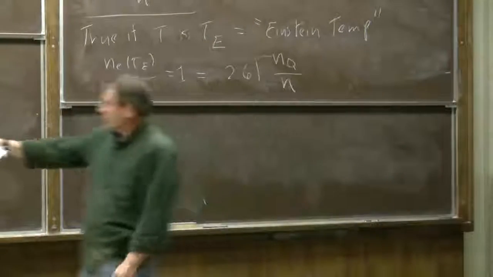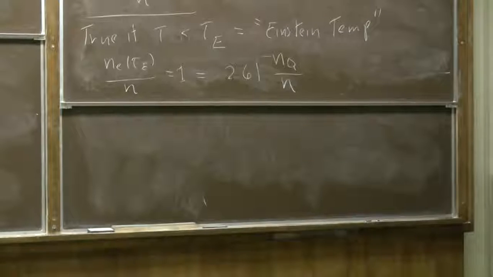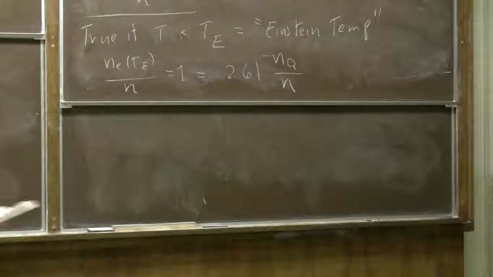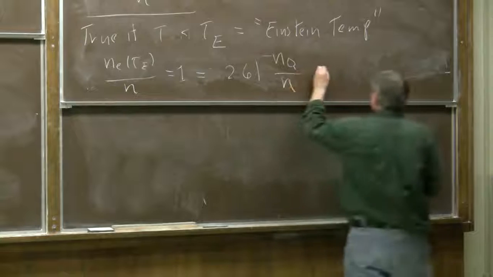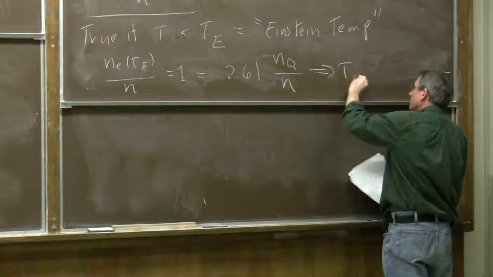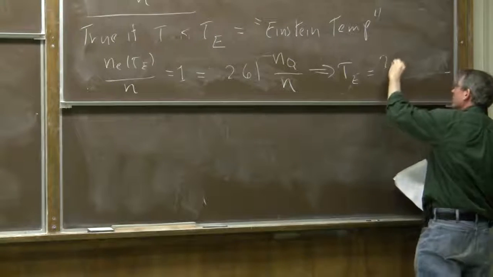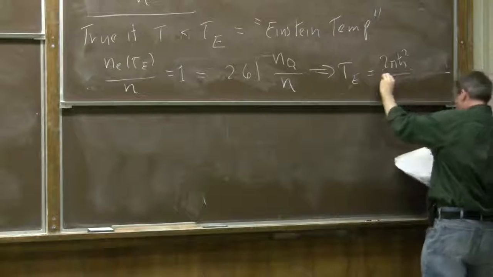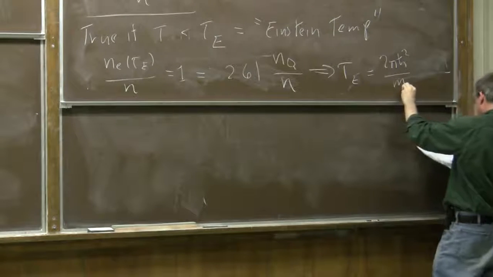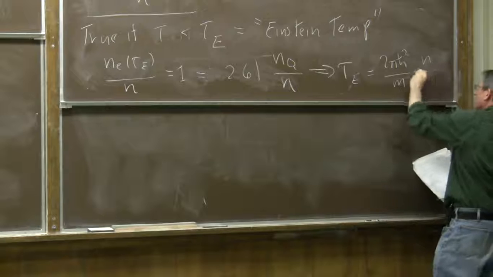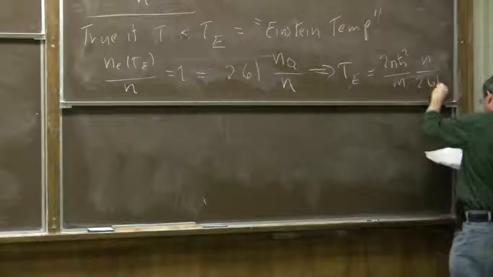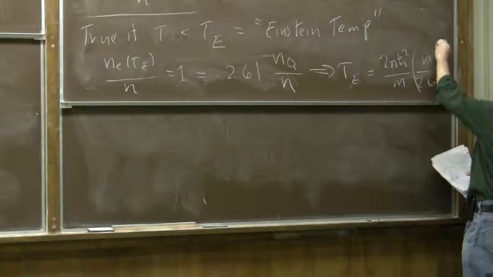This is the expression for the quantum concentration. So the Einstein temperature is equal to 2 pi h bar squared divided by mass, times concentration divided by 2.61, to the 2/3.